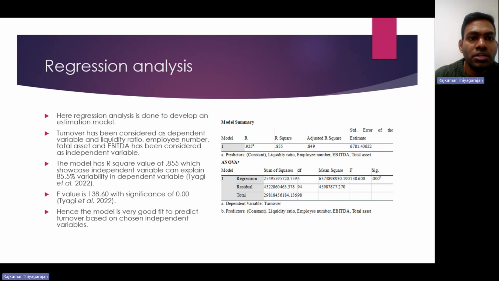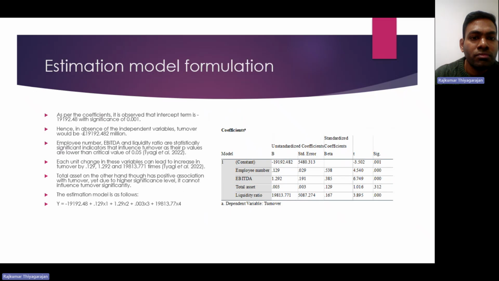The model F value of 138.16 with a significance level of 0.00 confirms its robustness in predicting turnover trends. The findings reinforce the importance of liquidity management, workforce expansion, and asset utilization in enhancing banking sector performance. Regression analysis provides a foundation for strategic forecasting and financial planning.